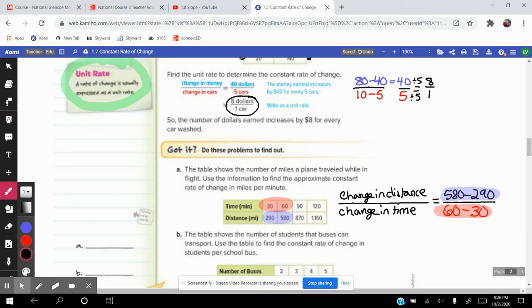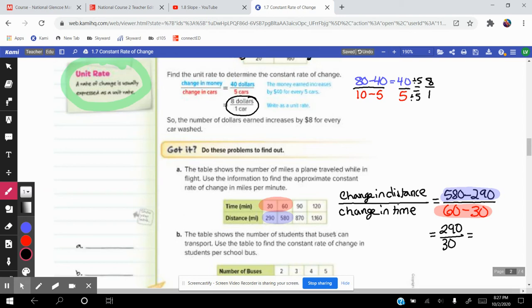Now I'm going to simplify it. 580 minus 290 equals 290. Divided by 60 minus 30, which is 30. This can be reduced down further.